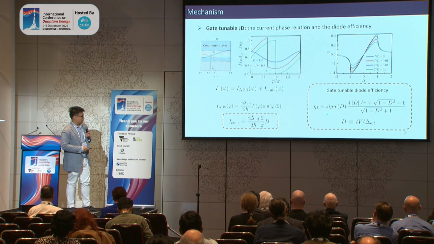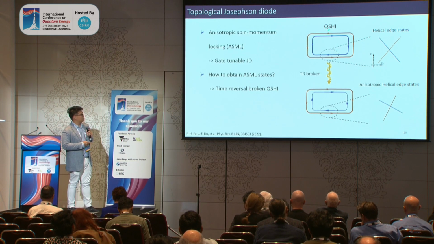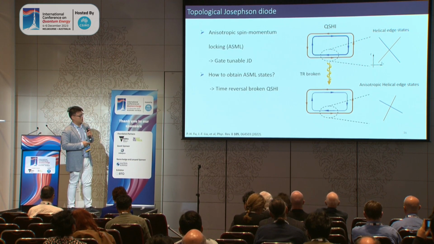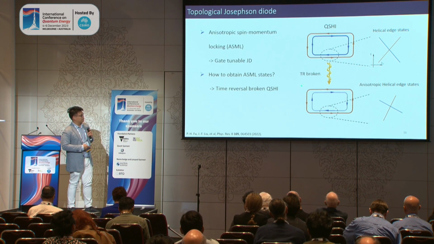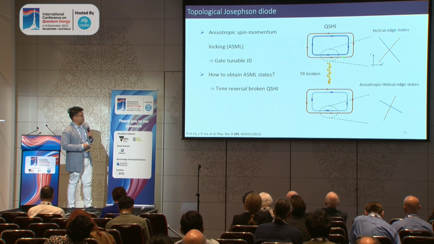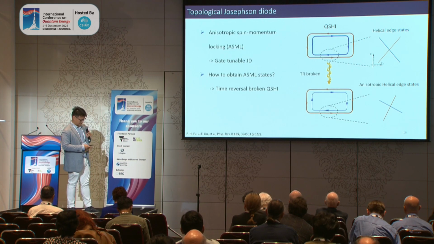And diode efficiency. Based on this mechanism, we propose a quantum spin Hall insulator with a time reversal broken perturbation. One of its edges can be described by an isotropic helical edge state.